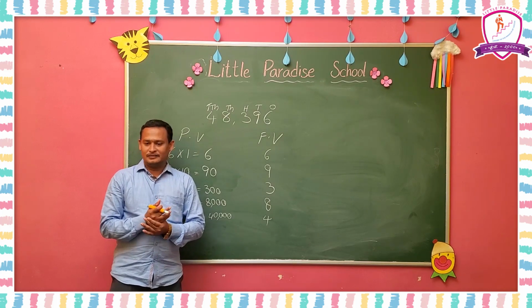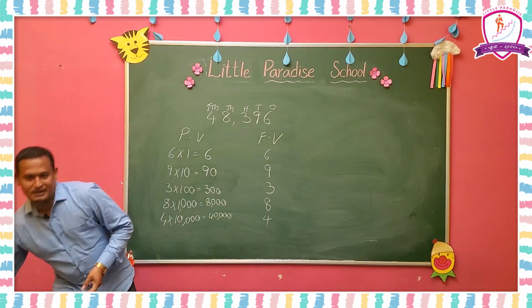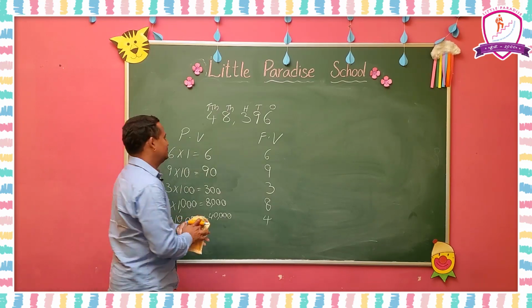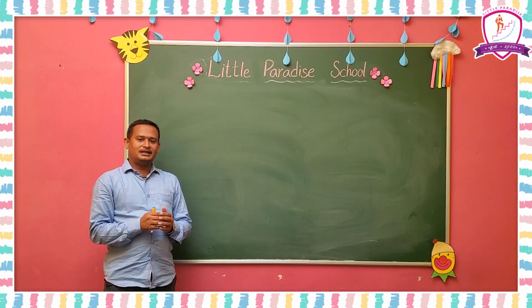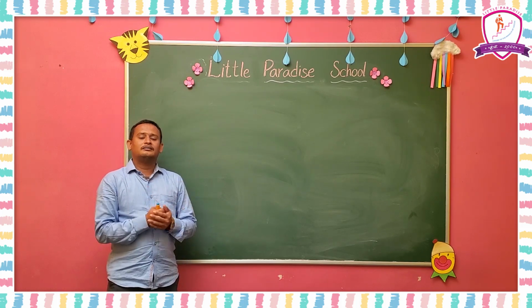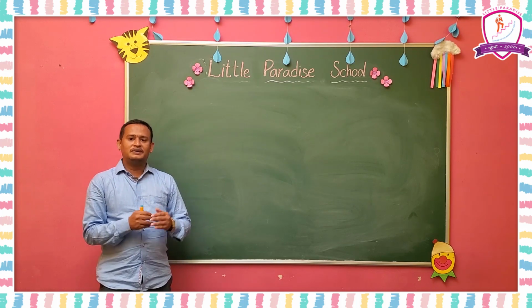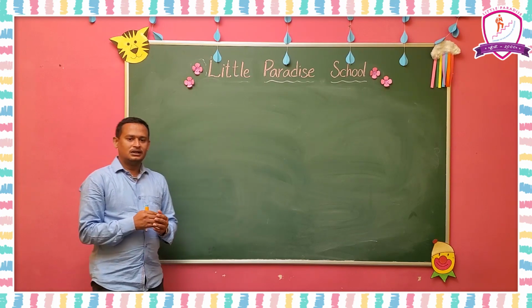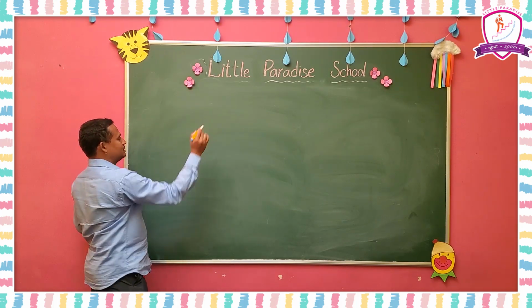Okay. Next, we already discussed the expanded form. Now I am going to explain the place value chart and compare the place values in the chart. So now I am going to take two numbers: 3,495 and 5,999. I took two numbers here.